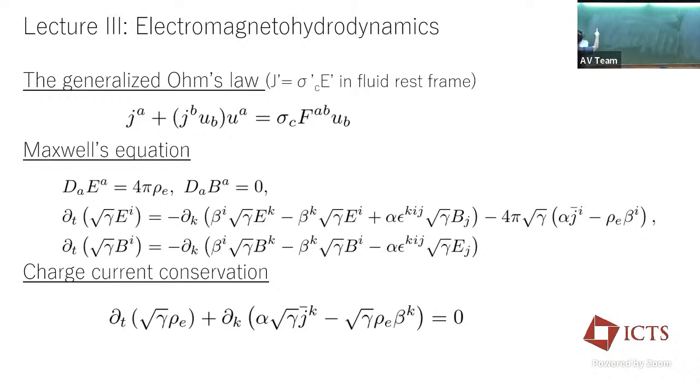So by multiplying by n_A, the normal vector, this gives you minus rho_e minus omega.